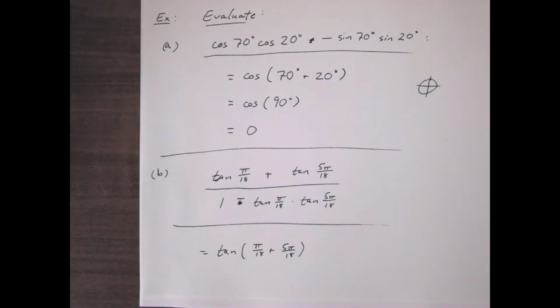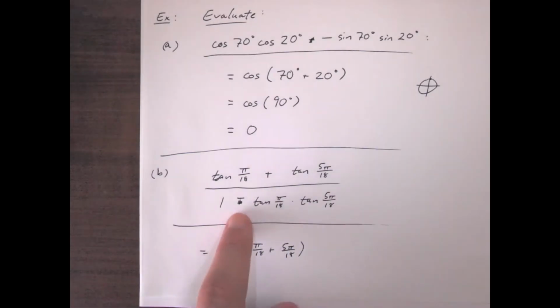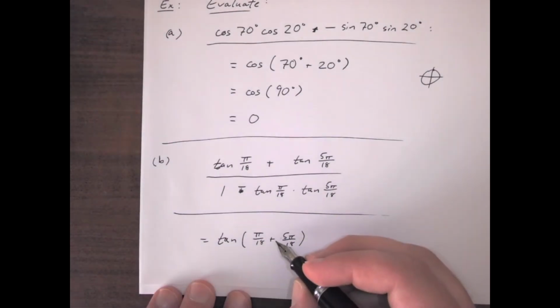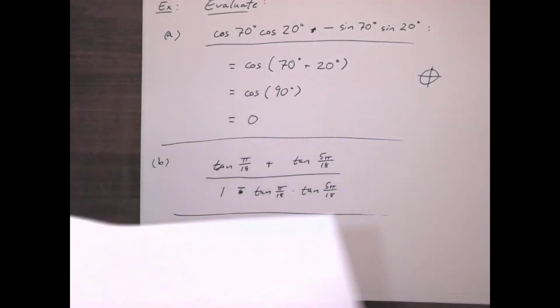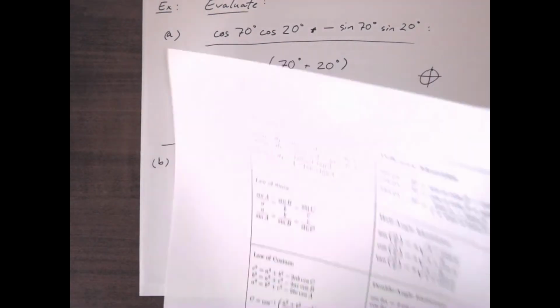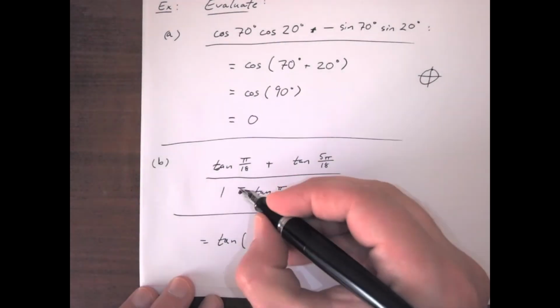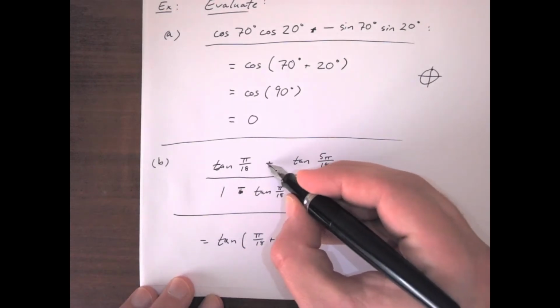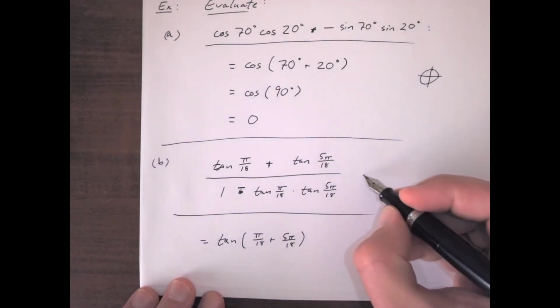But in this case, it would require us to know a tangent of an angle we don't actually know. So here, this was supposed to be a plus and a minus, making this the tangent sum formula. So this is supposed to be a minus, that one's supposed to be a plus. Make a note of it.